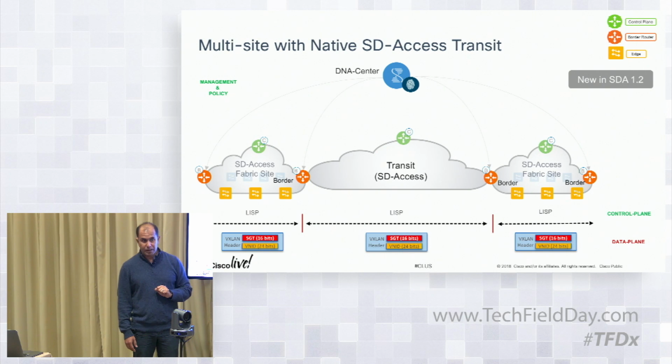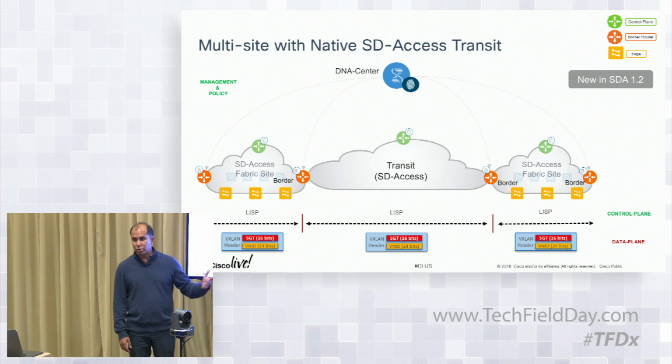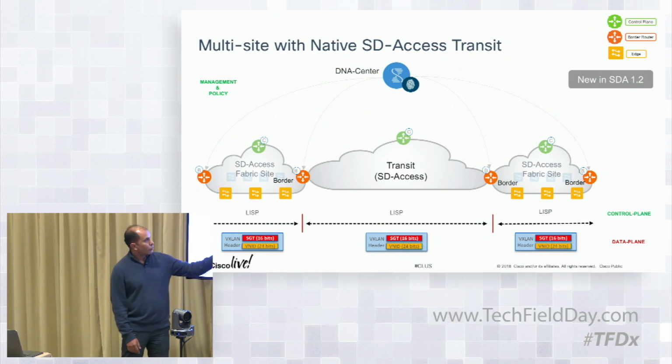So as I go from left to right, I look up on the left control plane and get my route to the destination. If it's not known locally, it means it's somewhere else, so I go to the border. From that border, I do a second lookup, go to the next border, and iterate this way. I show one transit, but you could have a concatenation of transits and different flavors of transits, all managed by DNA Center. It's a common policy end-to-end.